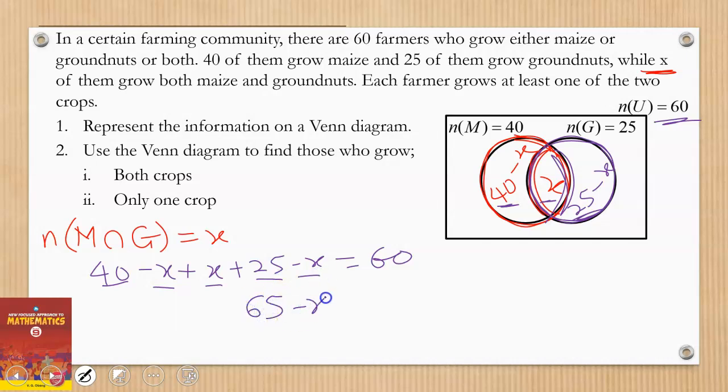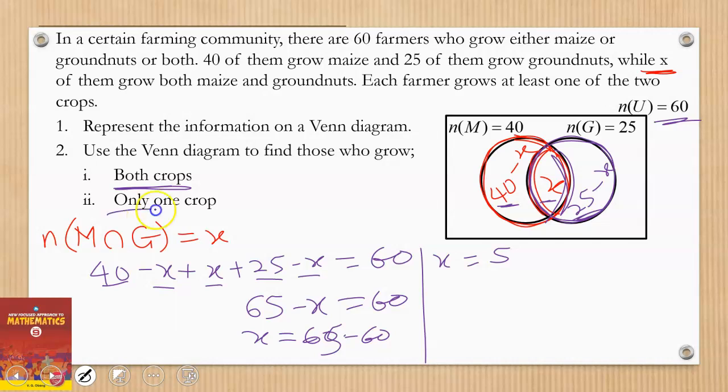Then we have 65 minus X equals 60. Trying to make X the subject, we group like terms. So X will be equal to 65 minus 60, which means X is equal to 5. And we said X represents those who grow both crops. And so question 2, Roman numeral 1 has been answered.